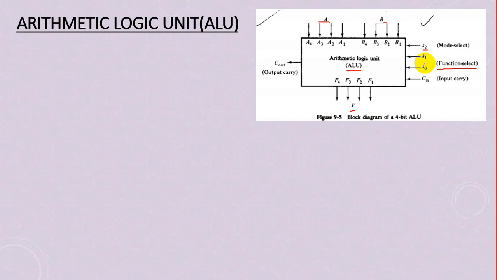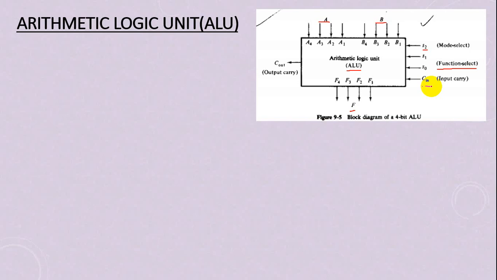And the fourth input is the carry in. Carry in has significance for arithmetic operation because when you do addition or subtraction, a carry or borrow signal is generated. But carry does not have any meaning in logic operation.